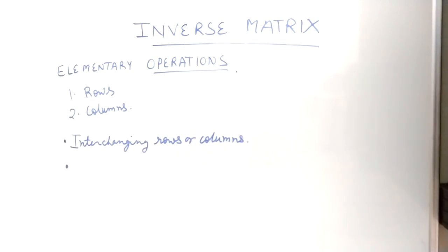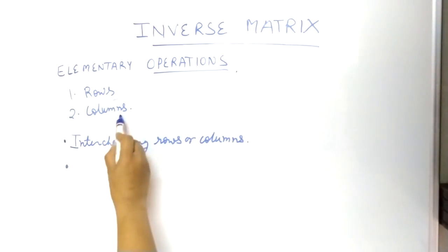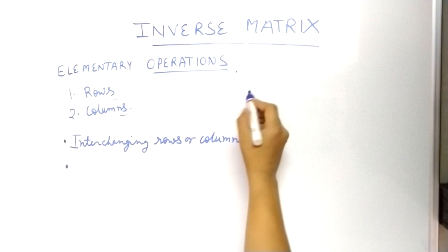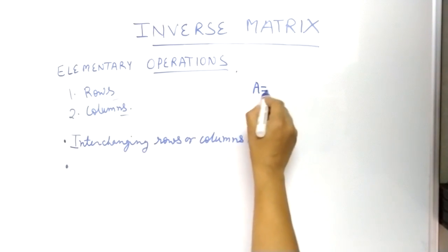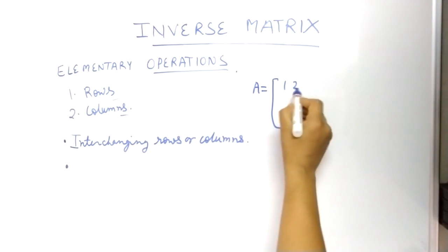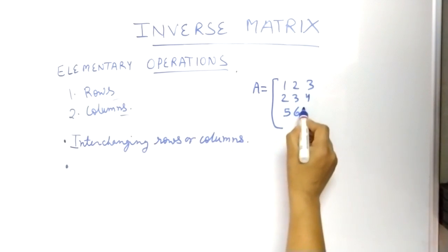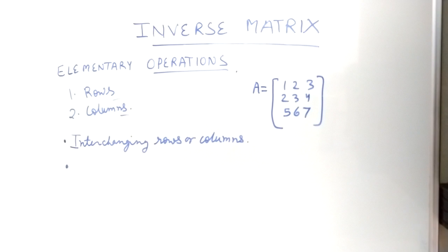Now in the elementary operations, we can operate on rows as well as columns. The first one is interchanging rows or columns. Suppose in a matrix A we have rows. Now we can interchange the rows in this particular matrix.